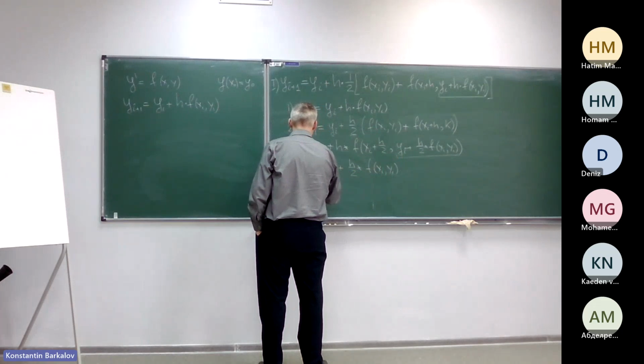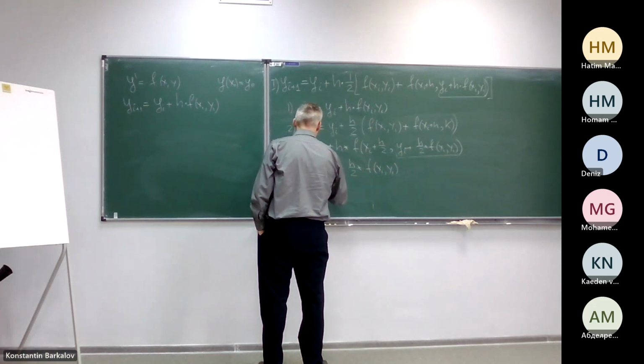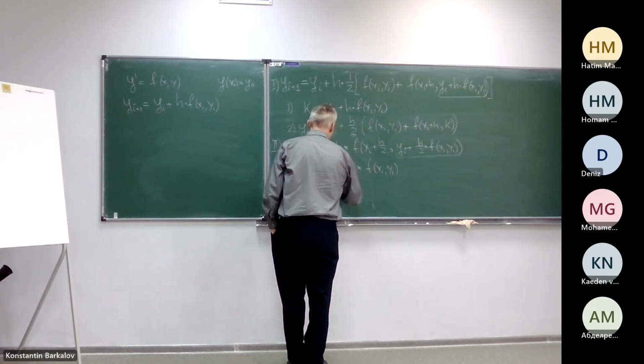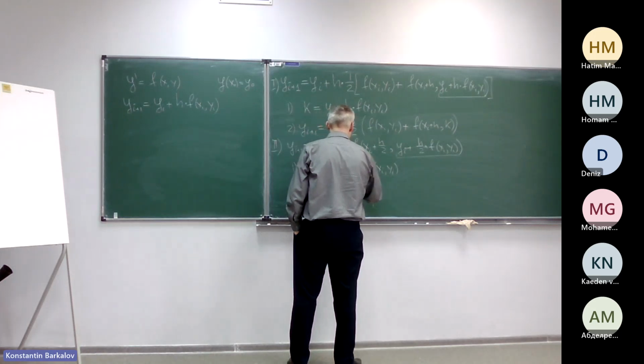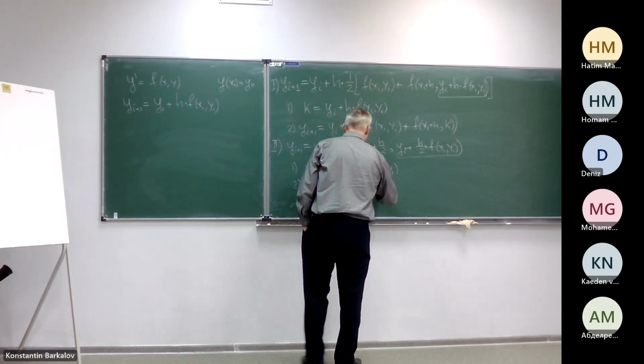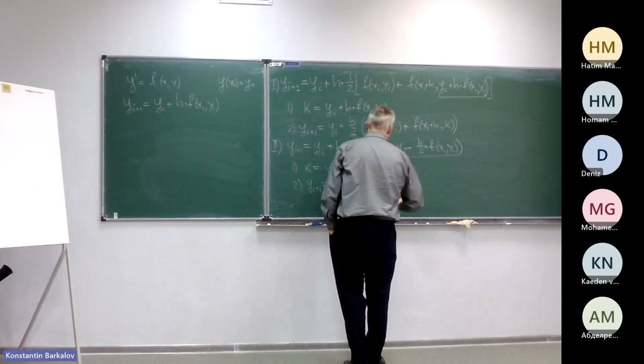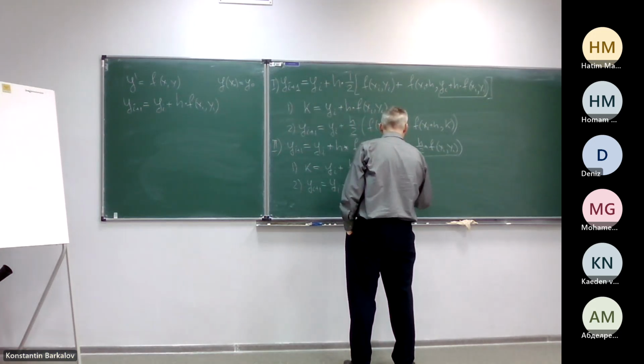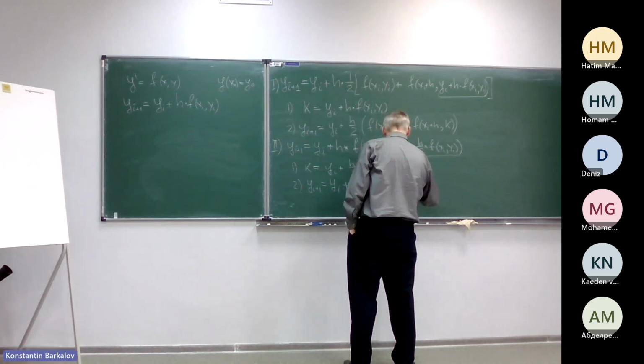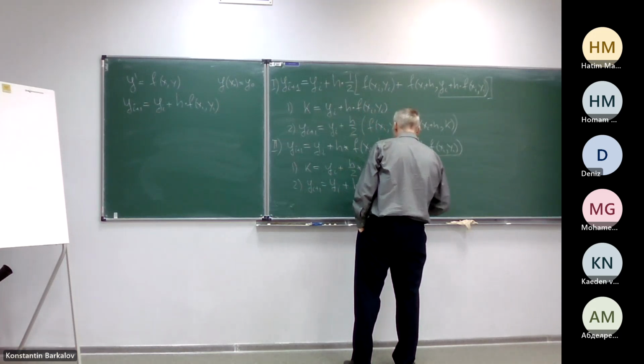The second step, y_{i+1} equals y_i plus h times f of x_i plus h/2 and k.